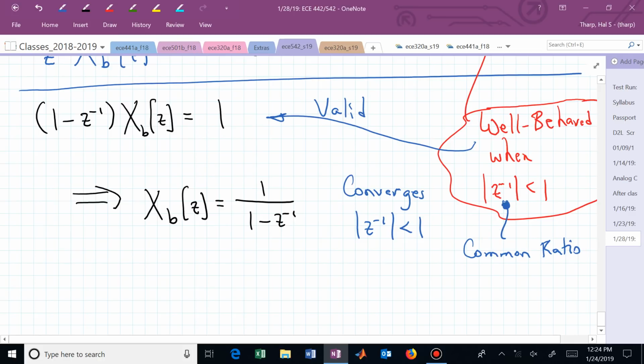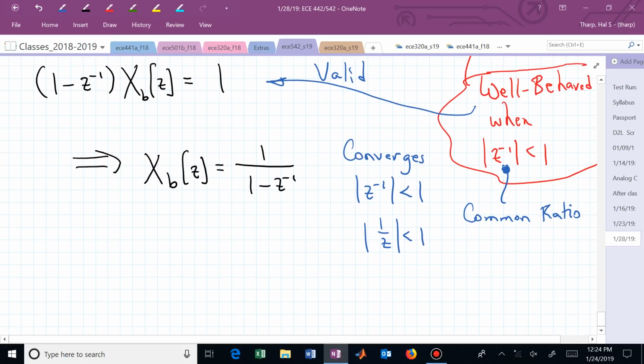And we can clean that up a little bit. That's the same as the magnitude of 1 over z being less than 1. The magnitude of a ratio is equal to the ratio of the magnitudes.